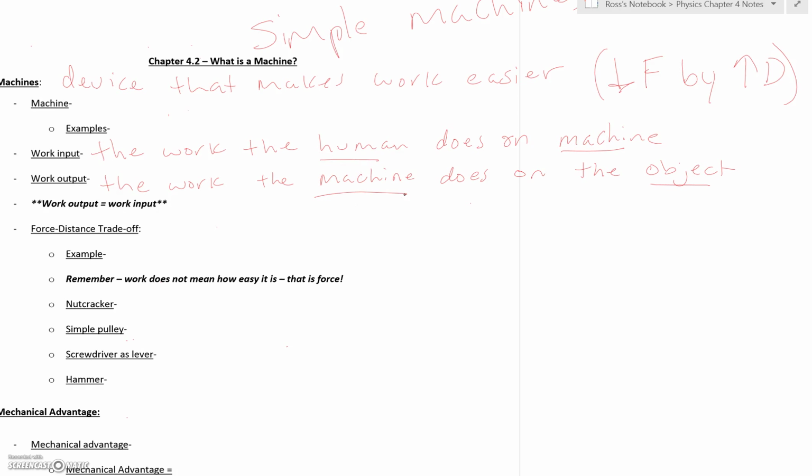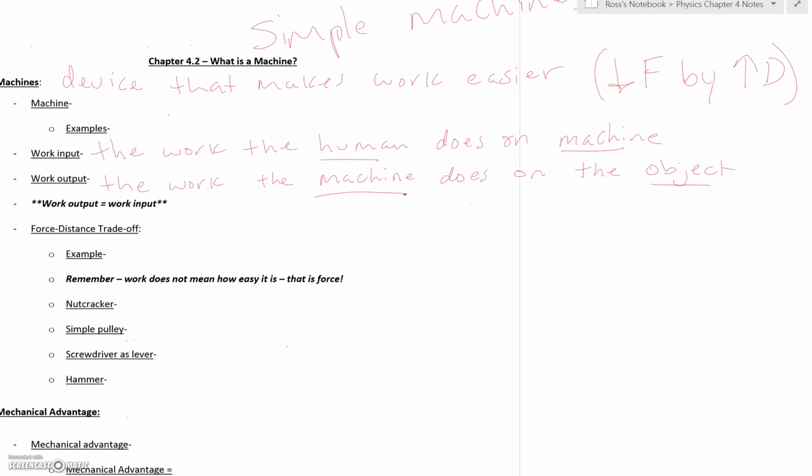So the work input is the work you are doing on the machine. If you're using a can opener, it's you twisting that knob. The work output is the work the machine does on the object. So that would be the can opener actually twisting around and cutting the top of the can, being the object.